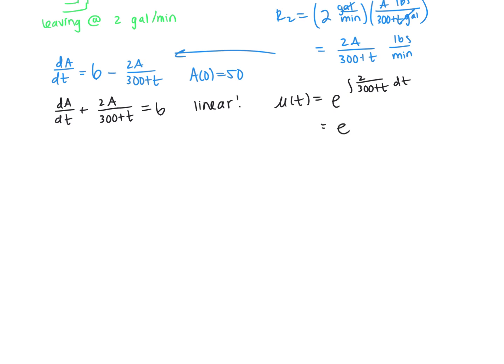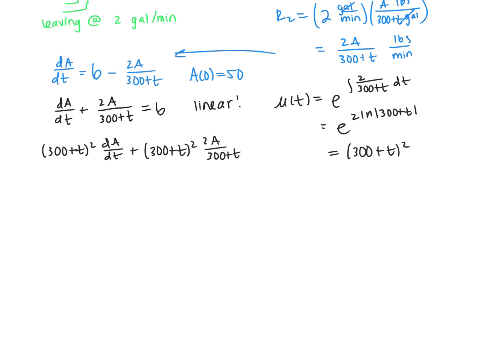which is e to the power 2 natural log of 300 plus t, which is really (300 plus t) squared. Okay, so if we multiply our equation by that, we get (300 plus t) squared dA/dt plus (300 plus t) squared times 2A over 300 plus t equals 6 times (300 plus t) squared.